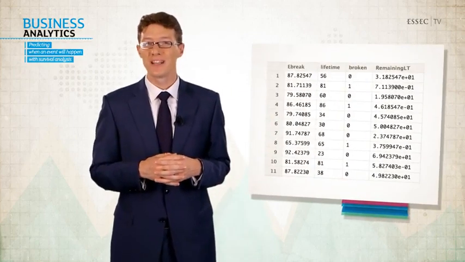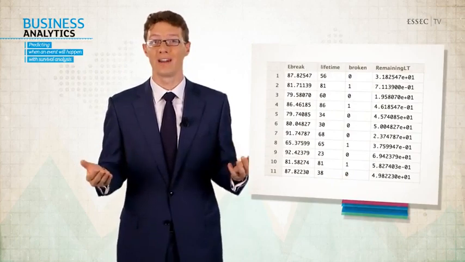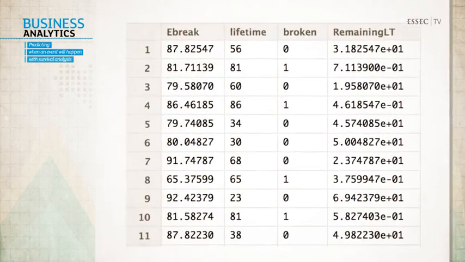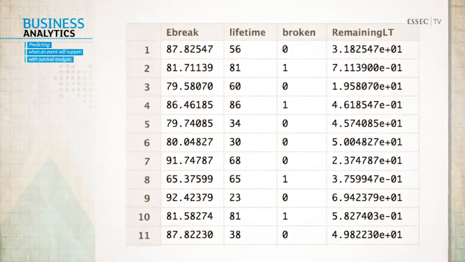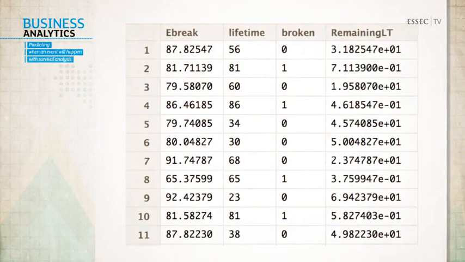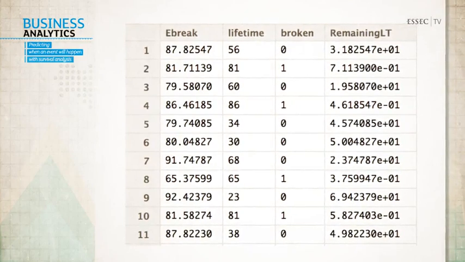Hence, we can now predict which elements are the more likely to break in the near future. We obviously need to remove those that broke already. And if we then rank the observations by their expected remaining time to death, we then obtain this table.